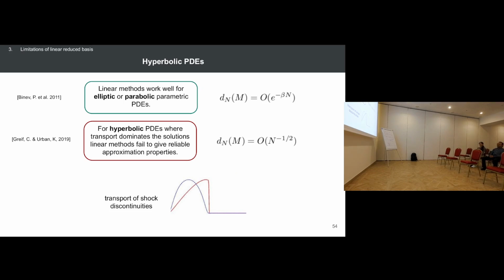But we know that for hyperbolic PDEs, so normally when you have transport involved, or discontinuities or shocks that are created, for example Burgers' equation or just transport, the Kolmogorov width, so the best possible thing you can do with a linear space, doesn't decay well. It's a very low decay rate, so you can't hope to get good approximations with these linear spaces. So you will need something else.